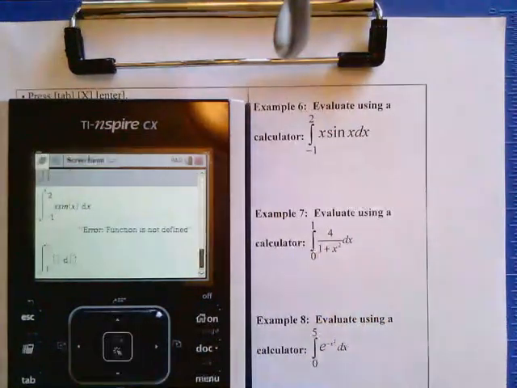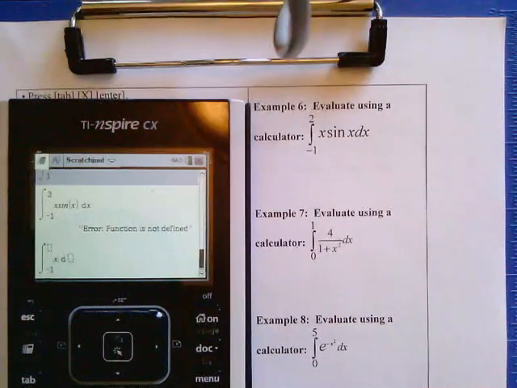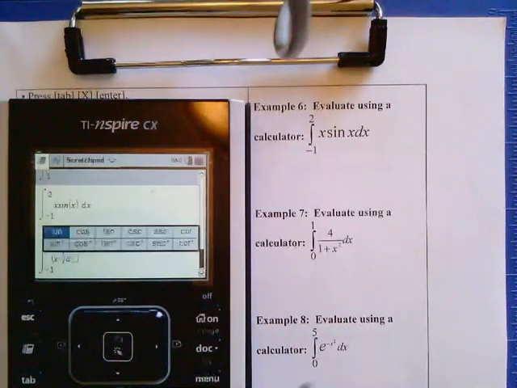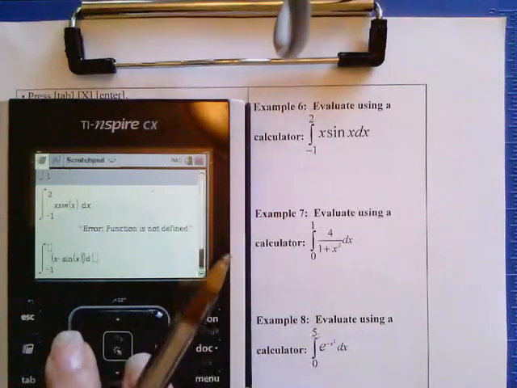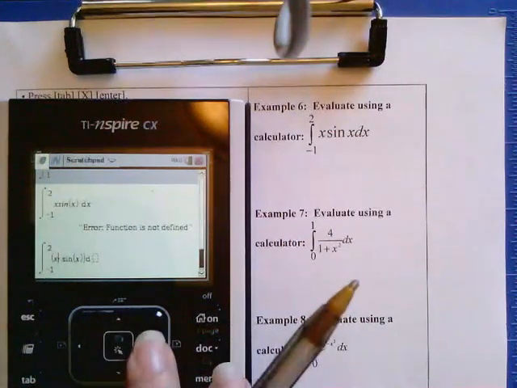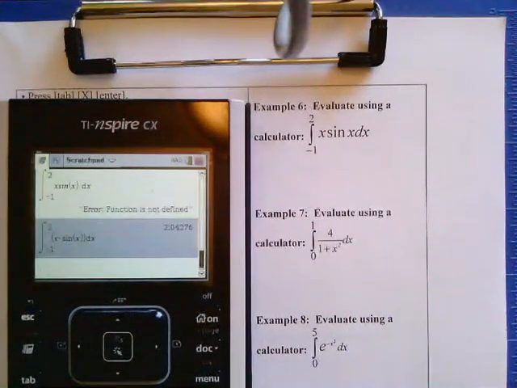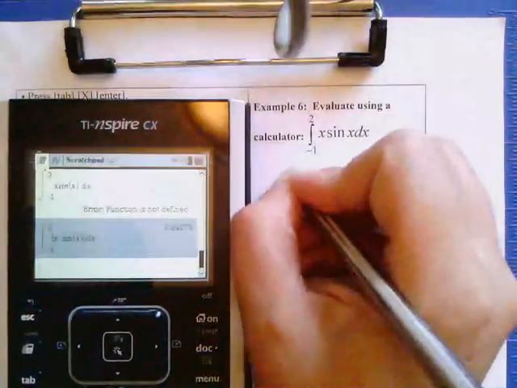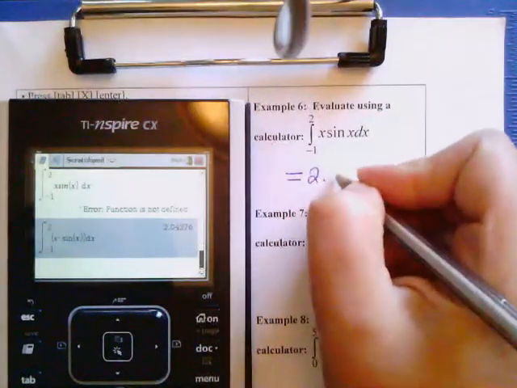Anytime you have variables multiplied together, you have to put in x times sine of x, and the 2, dx, and it will give us the answer. So anytime you have variables or letters that are being multiplied, you definitely have to put that multiplication sign in there.